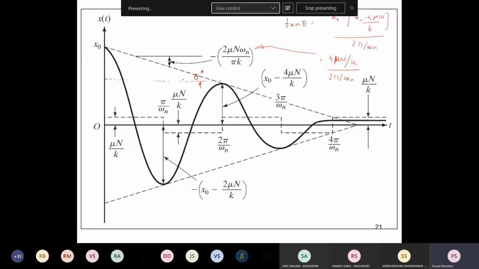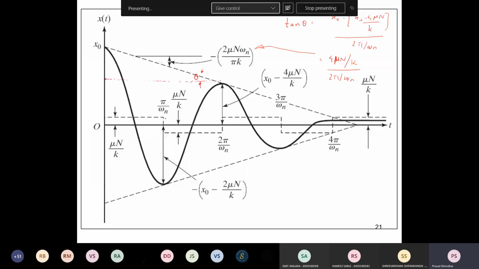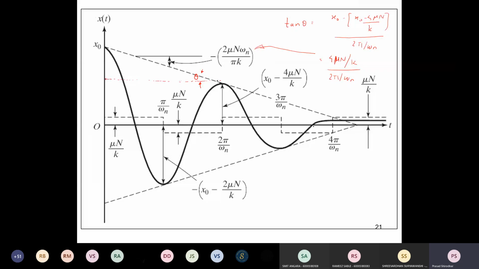Now, if I draw a horizontal line somewhere over here, and take the tan theta of this, the vertical distance is this one.